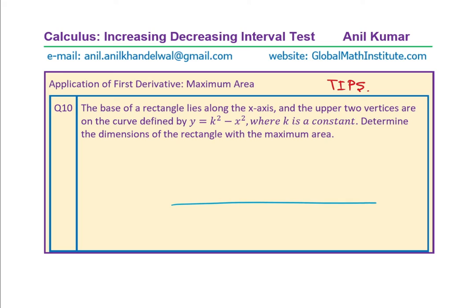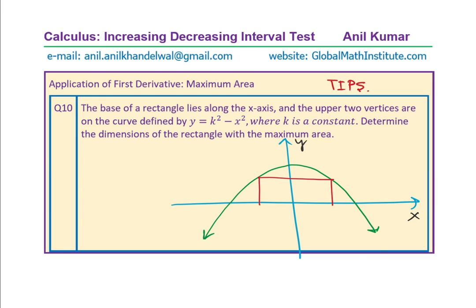So let's say this is your x-axis and that's your y-axis. And this is a parabola. So it goes down like this, right? We have a rectangle which lies along the x-axis.